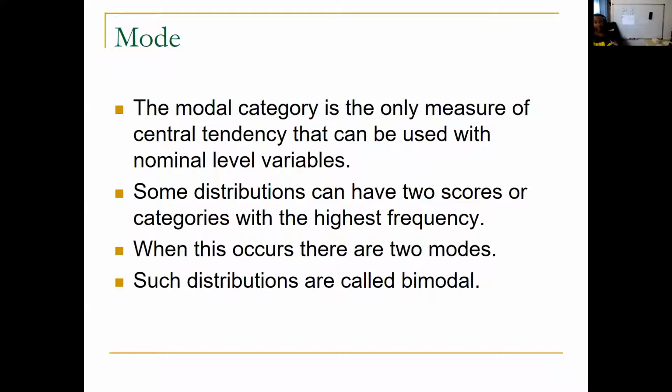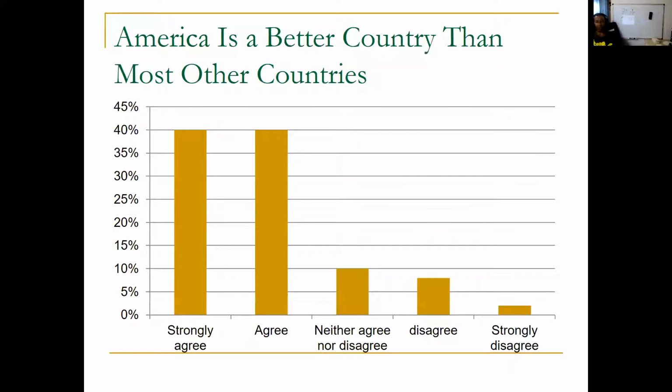Now, it's possible that a distribution can have two modes, and then we have what we refer to as a bimodal distribution. It's theoretically possible to see trimodal or quadrimodal distributions as well, but those are less frequent. So what does a bimodal distribution look like? Let's say a researcher was doing a poll, and one of the statements on the poll was, America is a better country than most other countries.